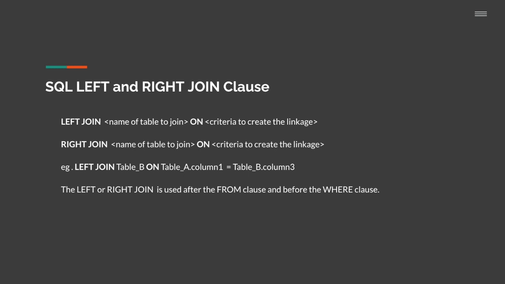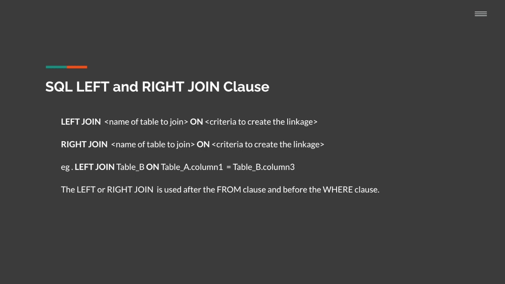So for example, if you were using a left join, you would first start off with the left join keyword, then identify the table that you want to have joined. So in this case, we have table B. Then provide the on keyword. Then we'll submit the criteria that we want for the linkage.